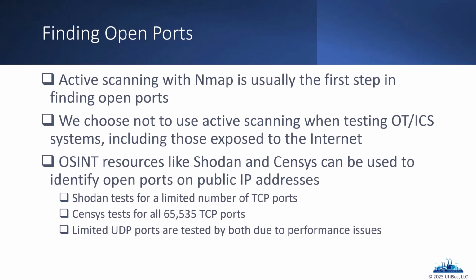It's hard to test a large number of UDP ports given how UDP works, since there's no three-way handshake like in TCP to easily determine whether a port is open. But we can use tools like Shodan, Censys and ZoomEye.